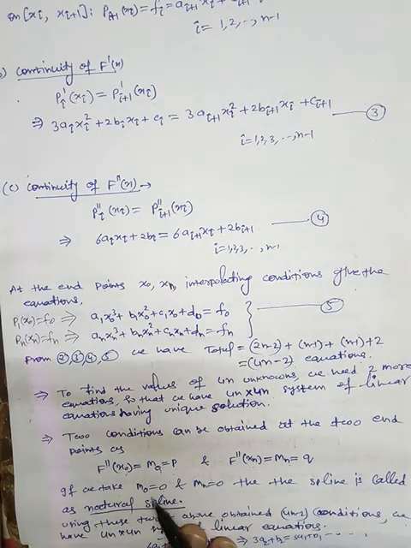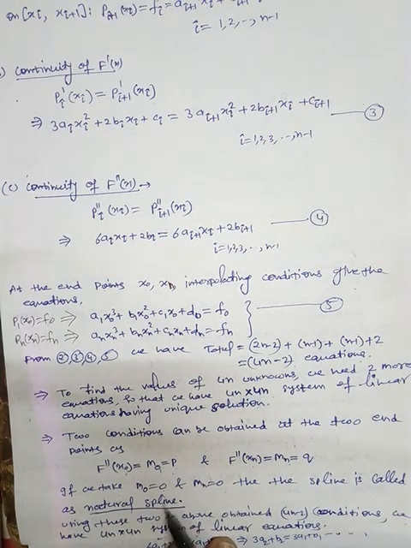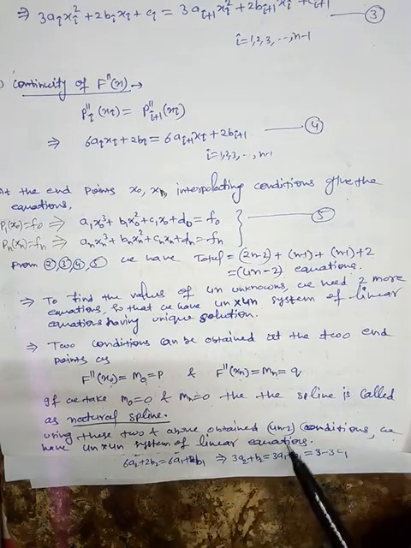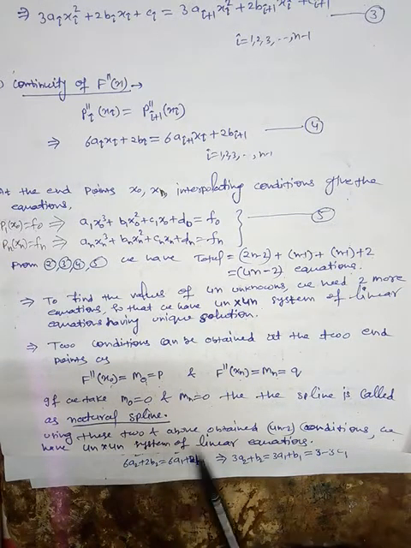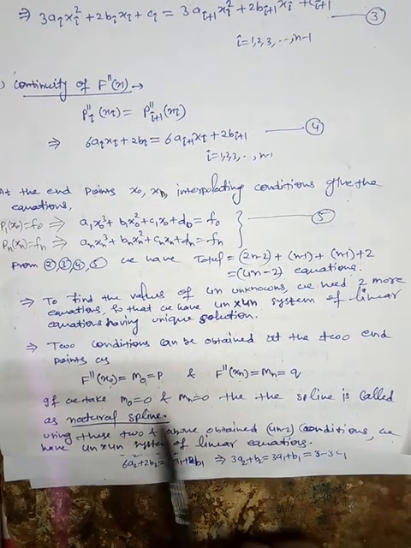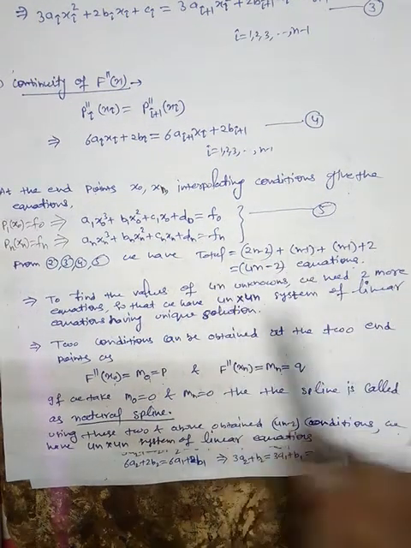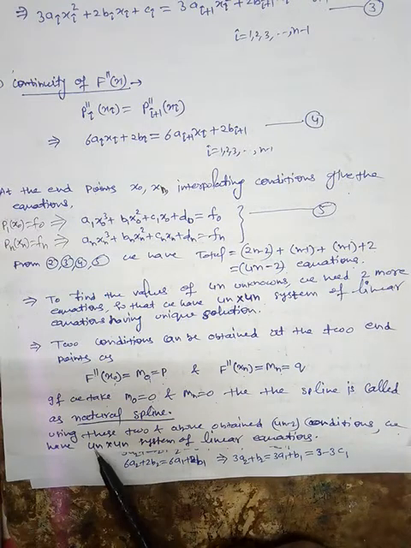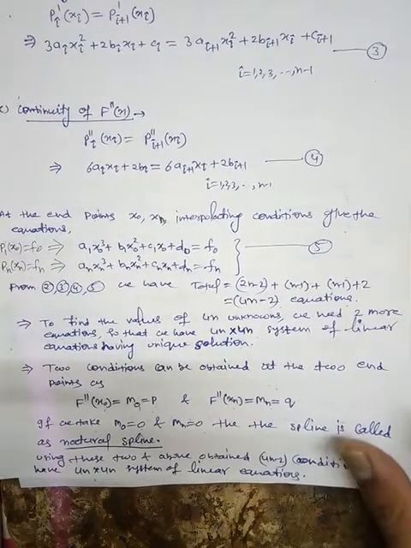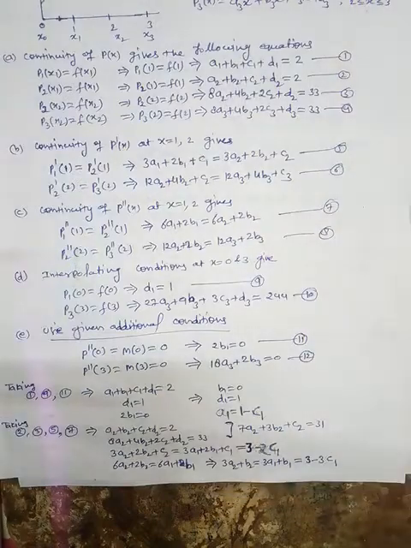So if we take M0 is 0 and Mn is 0, then the spline is called a natural spline. This is the special spline for which M0 and Mn are 0. Using these two conditions and the above obtained 4n minus 2 equations, we can have a system of 4n by 4n and then find the solution of this given system.